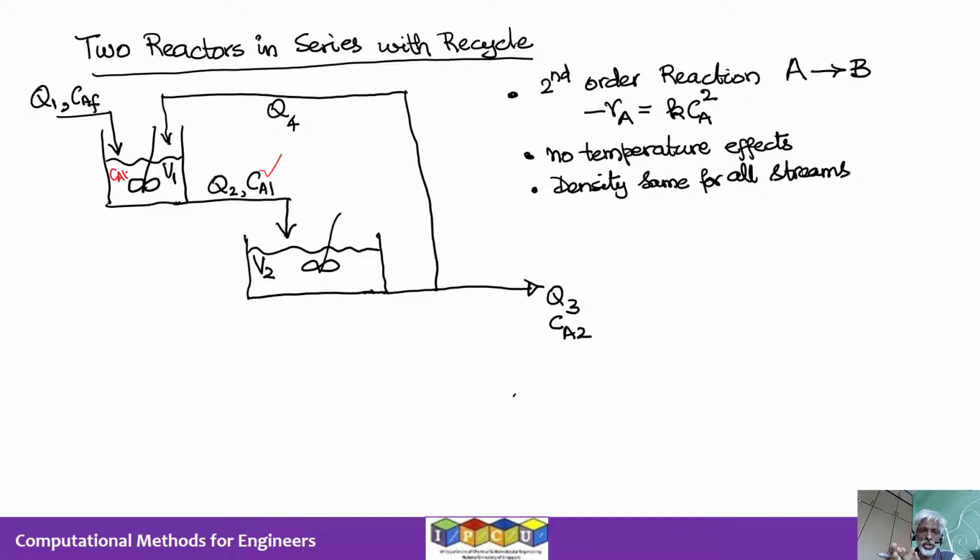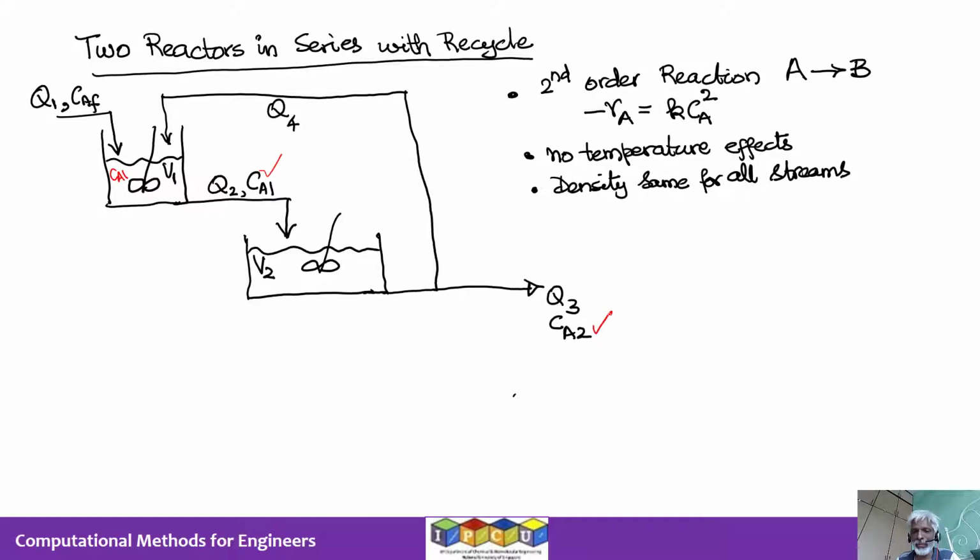Now, this Q2 stream with concentration of Ca1 flows out of the first reactor and enters the second reactor, whose volume is V2 at any point in time. That's the symbol. Again, it is a well mixed tank. So what comes out of that reactor is indicated as Ca2 here.